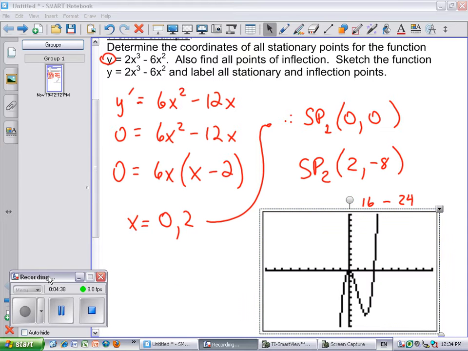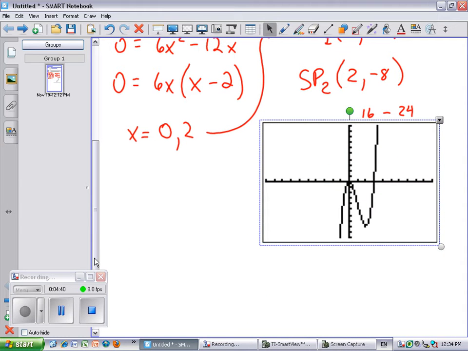All right, let's label what we know so far. In red, we have a stationary point here. It appears to be a max, but we're going to use the second derivative test to confirm that. And we have a stationary point here at a min. So this one here definitely seems to look like 2, negative 8, and the other stationary point here is at 0, 0.